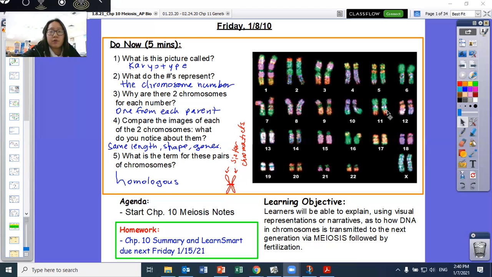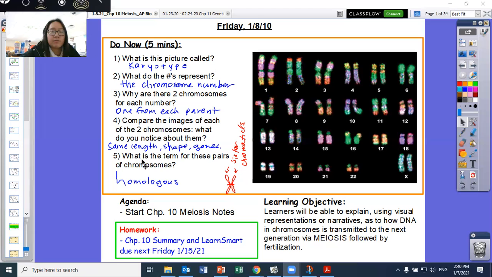They'll both contain a gene for hair color. They might contain different hair colors in their genes. One might be a brunette gene and one might be a black hair gene, but they both contain a hair color gene, right? So that's marked by the color patches on these. Usually karyotypes are actually black and white, so you can't see the colors, but you can see the density and location of where genes generally are.